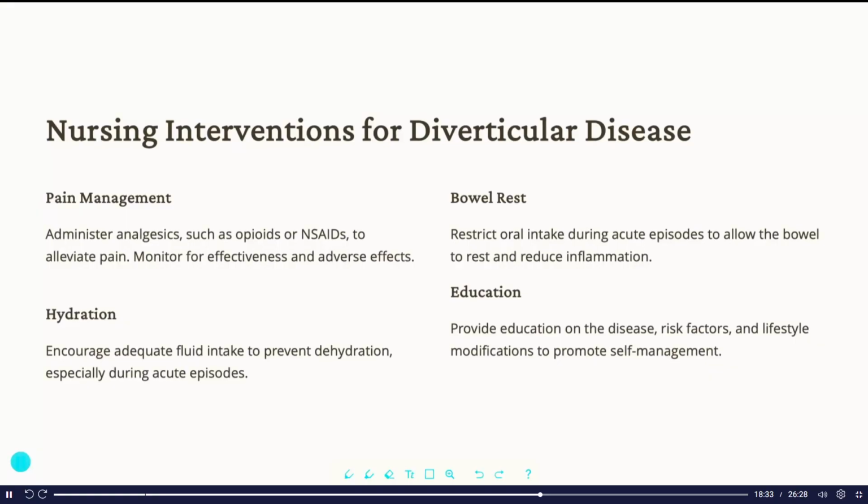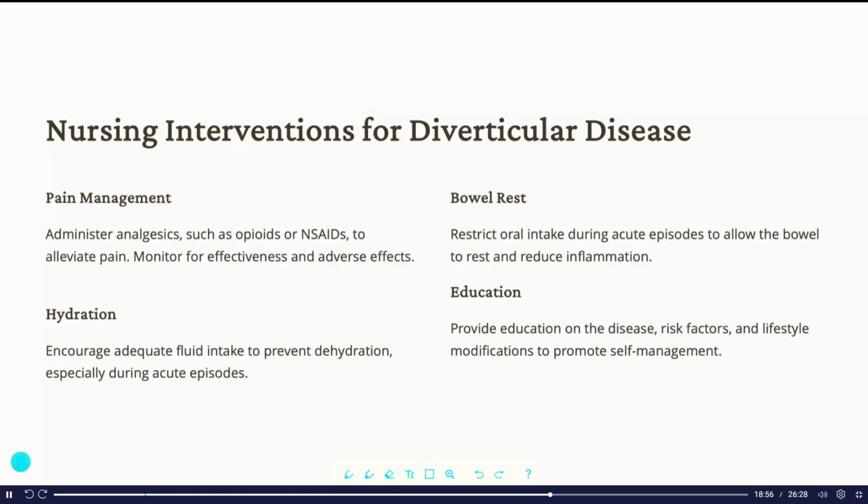So if it's caught early, they might even give oral antibiotics and just have the patient as an outpatient on a clear liquid diet. But typically, if we're talking about hospital cases, more severe cases, we're giving the IV antibiotics and possibly surgery to remove that part of the colon.